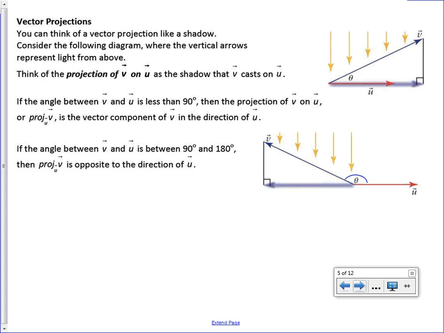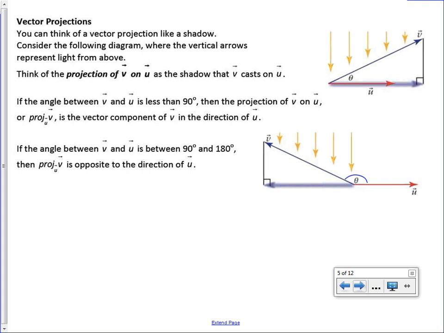I'm sure you've all noticed at some point, walking, that you see your shadow trailing behind you or in front of you. That's a projection of the light onto you, forming a shadow. So think of the light as above, and something leaning in at an angle. There's going to be a flat-on-the-ground version of that object, and that's called the vector projection.